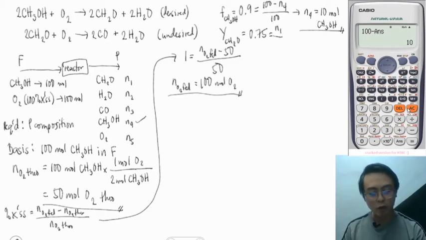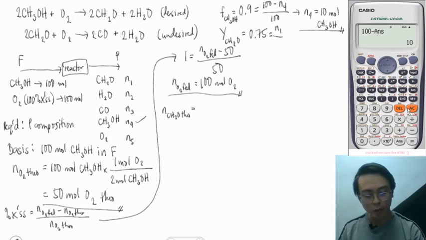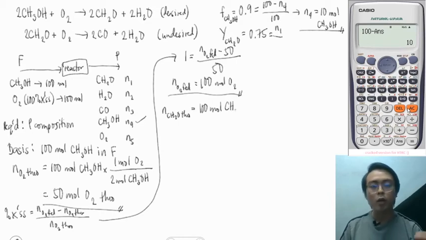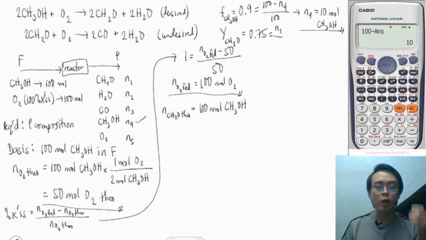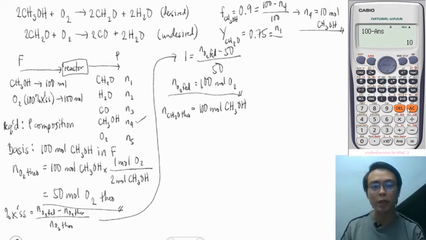Let's first solve for the number of moles of CH2O Theo. We start with 100 moles of the CH3OH. Again, remember, whenever we are talking about the theoretical number of moles or the theoretical yield of a substance, we are always considering the desired equation only, and we are considering complete reaction for the Theo only.